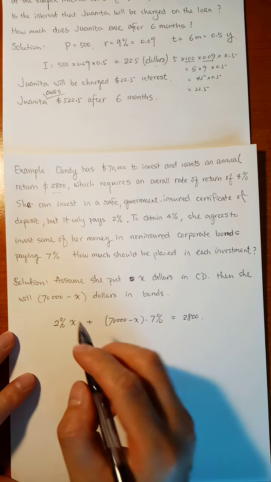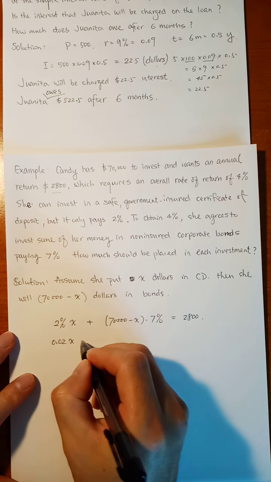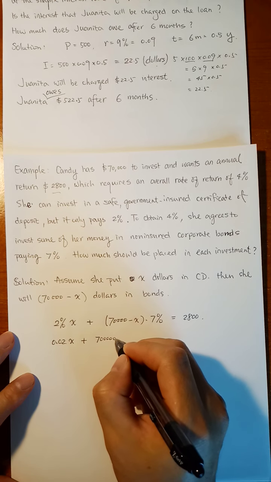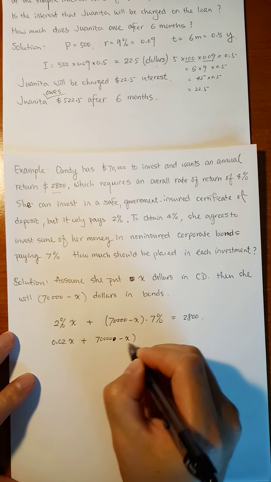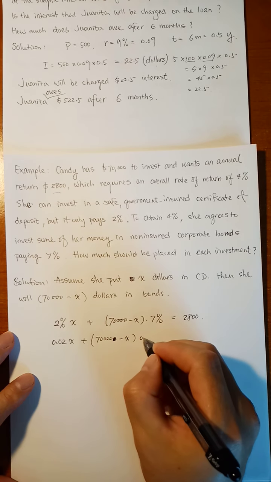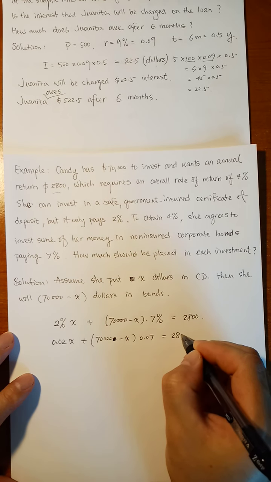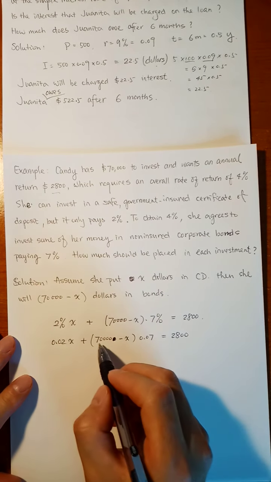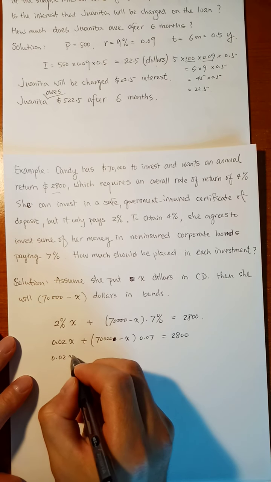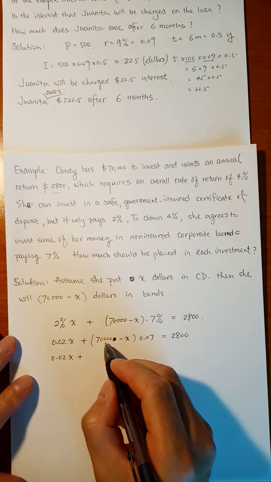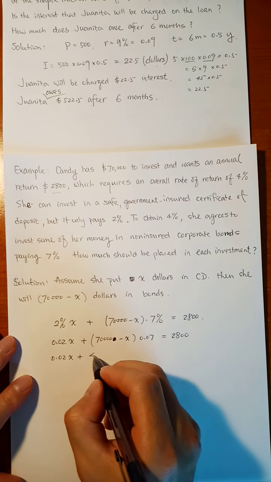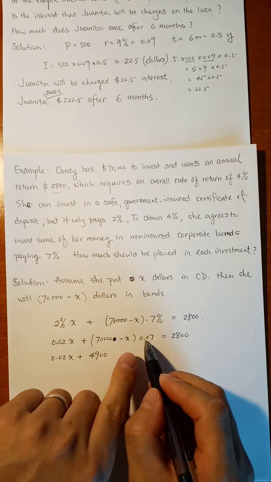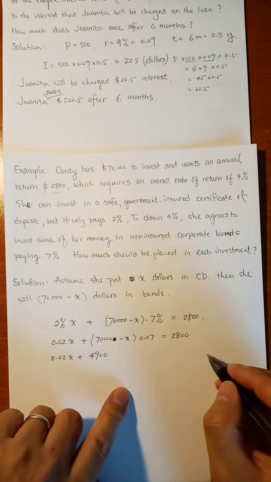So 2% is 0.02x. 7% is 0.07. Let's do the computation. So it's 0.02x plus 70,000 times 0.07, which is 4,900. How do I get it? You remove those two zeros, you cancel.